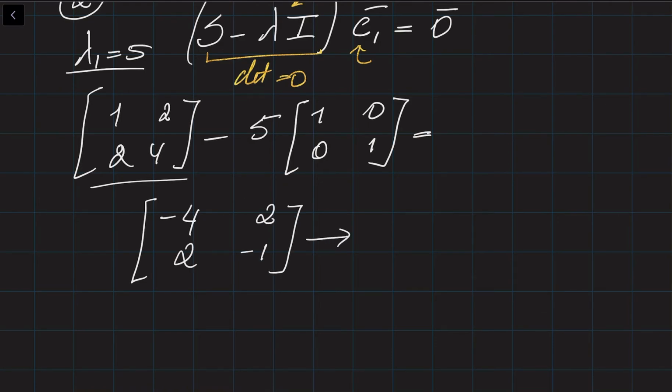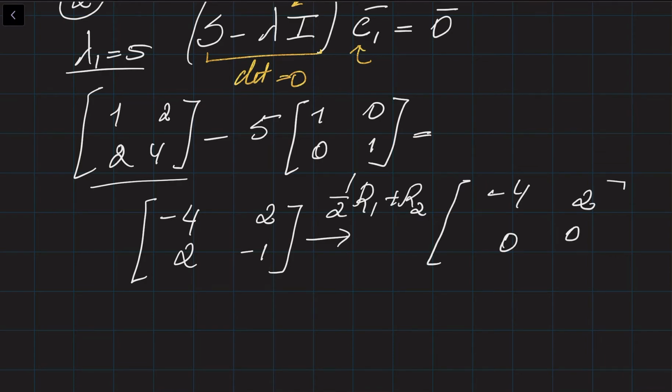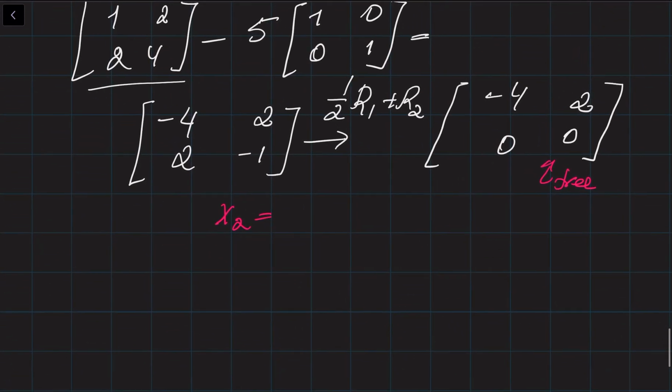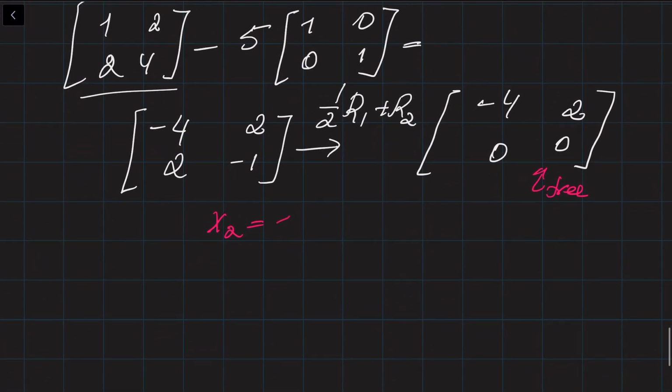We need to bring this matrix into row echelon form. We can do this by multiplying the first row by 1 over 2 and adding it to the second. We'll obtain minus 4, 2, 0, and 0. See, the second column here is the free column. So we always set the variable which corresponds to the free column equal to 1, and then we solve this equation. The first equation tells me that minus 4 times x1 plus 2 times x2 is equal to 0.